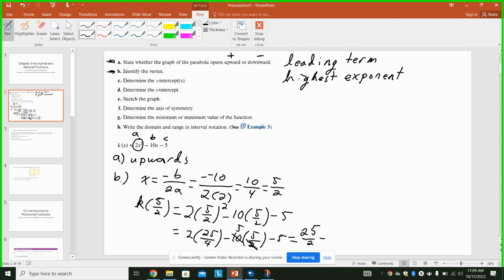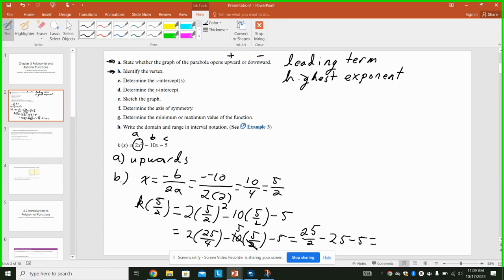So you can always simplify, and we just get 25 minus 5. Then we keep on going. 25 over 2 is basically what? 12.5. So this is really 12.5 minus 25, which would be what?